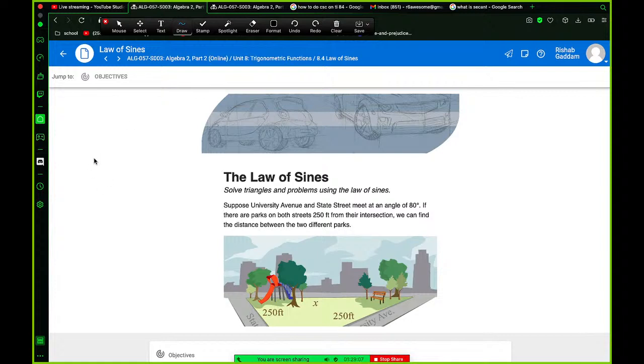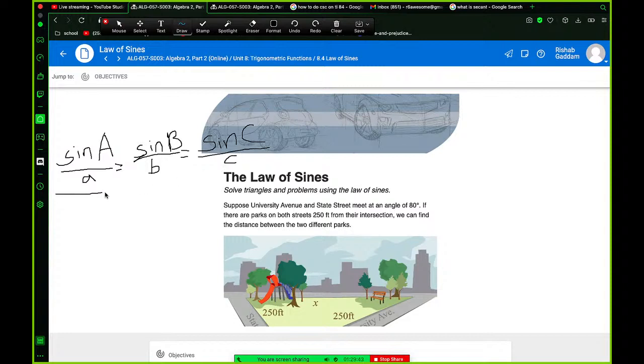Okay, so the law of sines is sine of A over a is equal to sine of B over b, which is equal to sine of C over c.